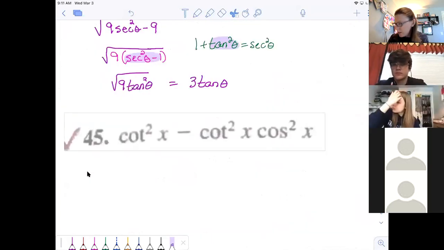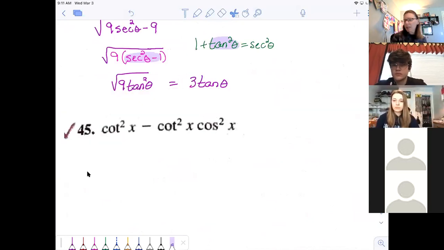All right, so looking at 45, we have cotangent squared minus cotangent squared times cosine squared. What'd you do first, Peter? I made the second cotangent squared cosine squared over sine squared. Okay, that'll work, but before you do that, I believe the directions wanted you to factor. So if you factored first, Peter, how could you factor this?